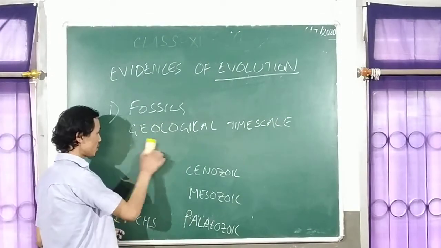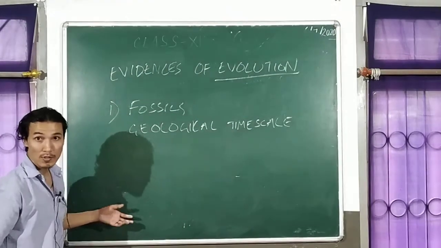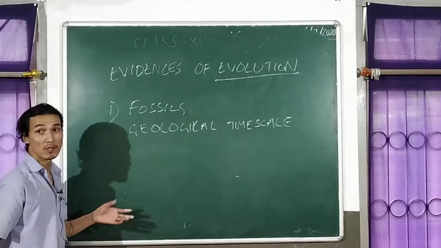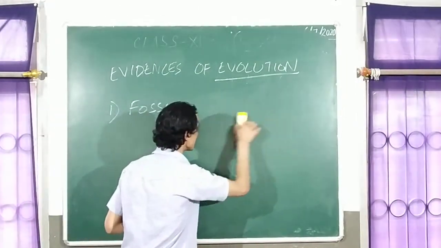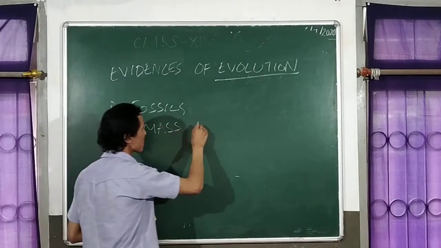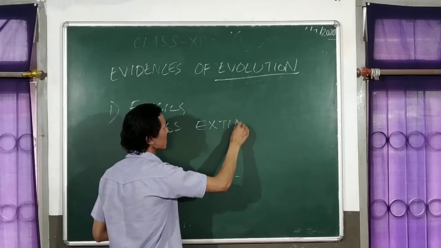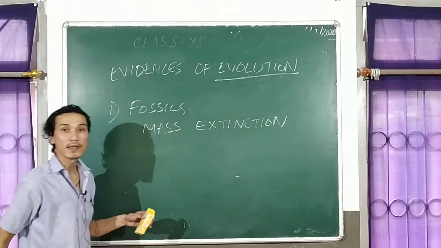When we talk about the Jurassic period, the thing that comes to your mind might be dinosaurs. In that particular phase, there is a famous phenomenon which took place. That phenomenon is called mass extinction.